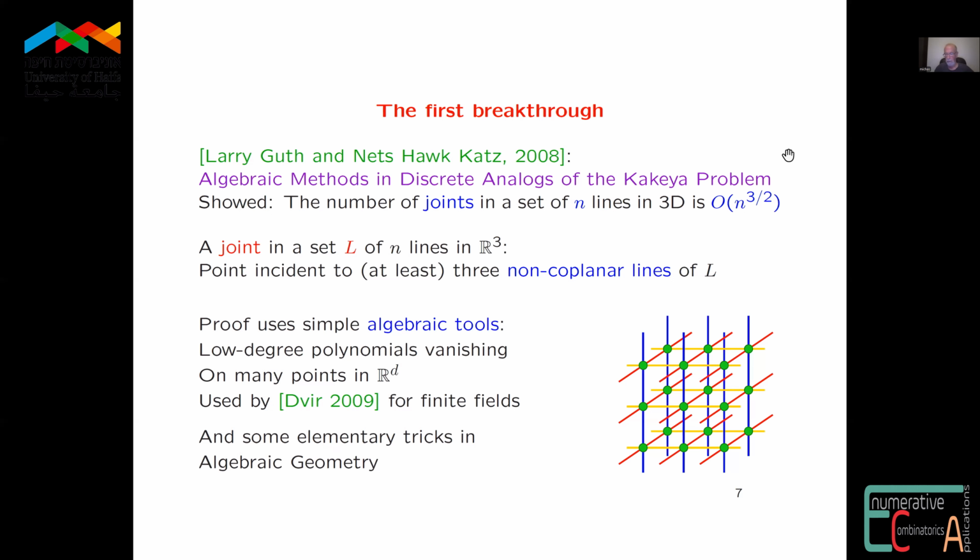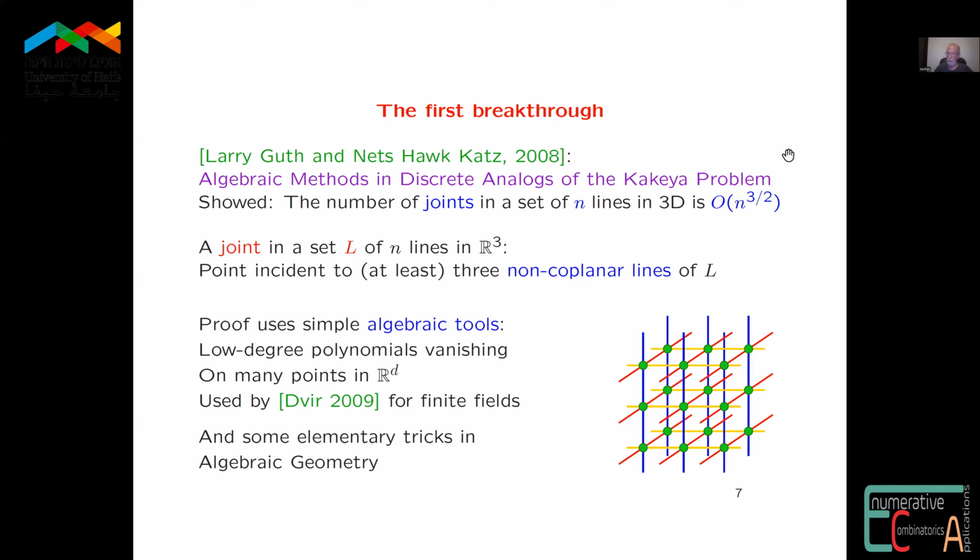The title of the paper looks a bit strange because they come from harmonic analysis, where you study the Kakeya problem and related problems. But what is a joint? You have n lines in 3 dimensions, and you look for points that lie on at least 3 non-coplanar lines.